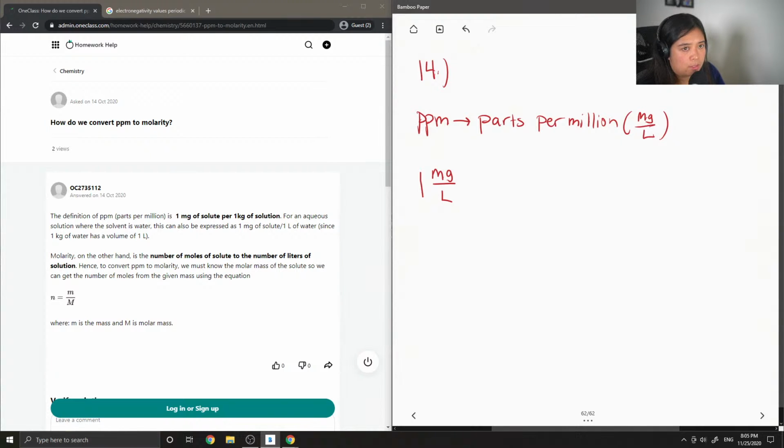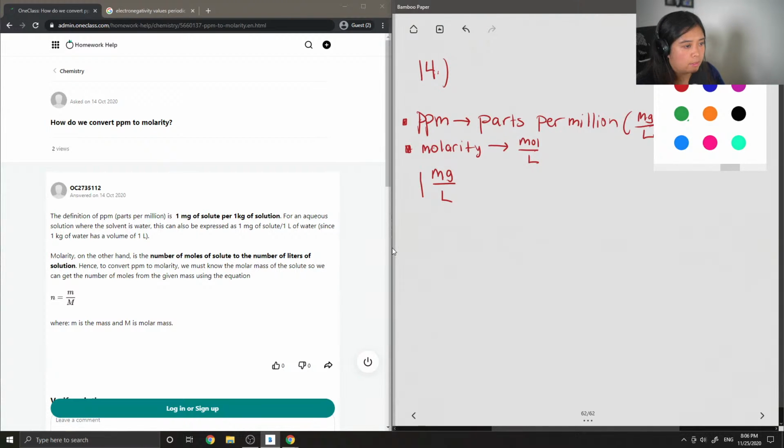then we also need to understand that for molarity, we want moles per liter. So to answer this question, we would also need to convert milligrams to moles somehow.